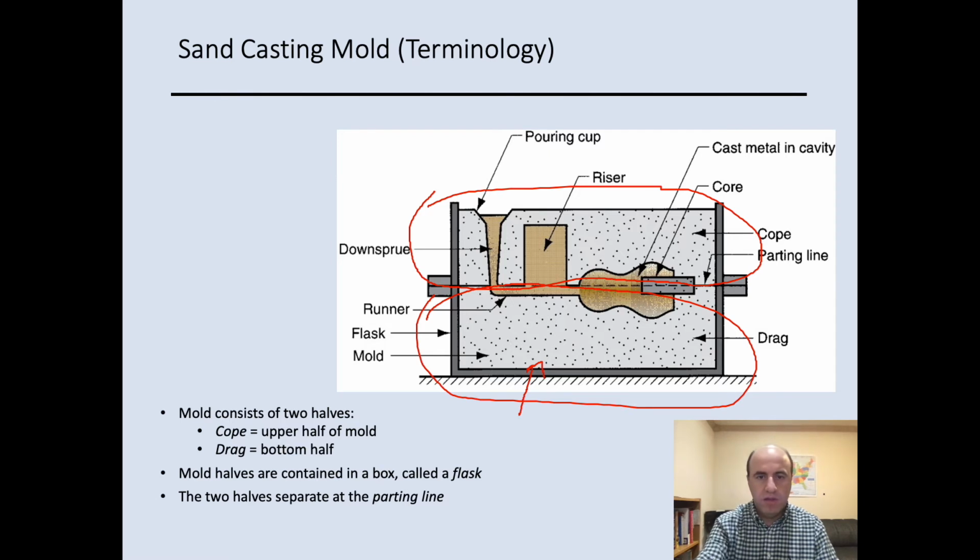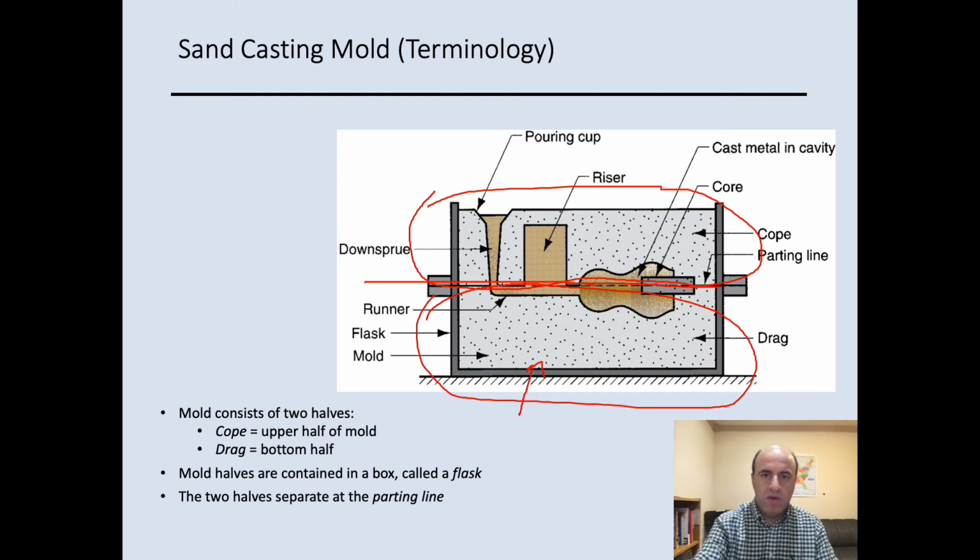And then the upper mold is inside a flask. The box around the mold is called the flask, and in this section we have the parting line.